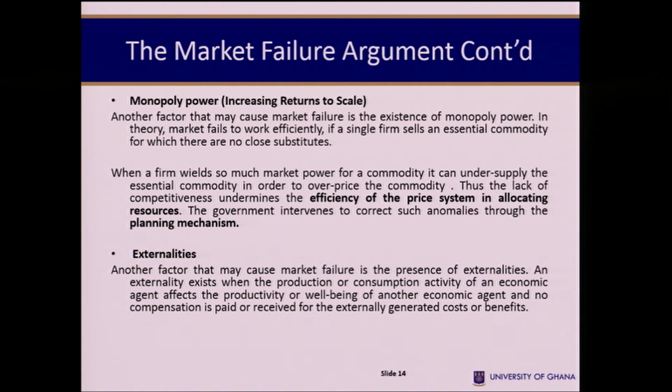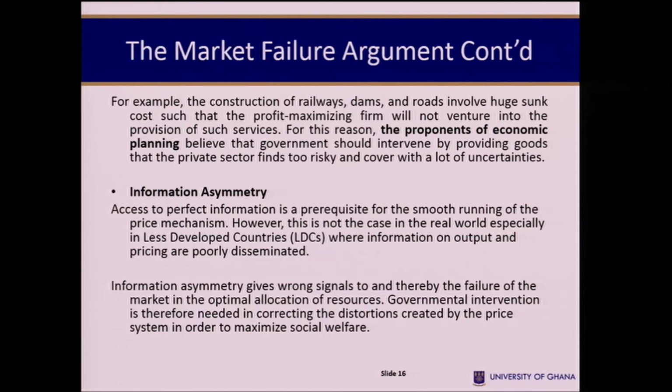And then we can also talk about what is called risk and uncertainty in this case. And then there's one big theory we also call information asymmetry. When all these things are going on, it renders the market or the price mechanism ineffective and not optimal, more or less.